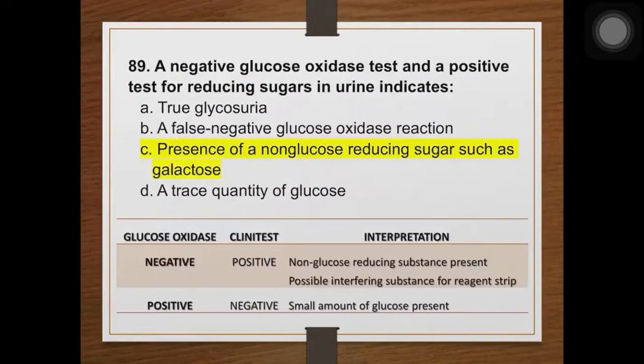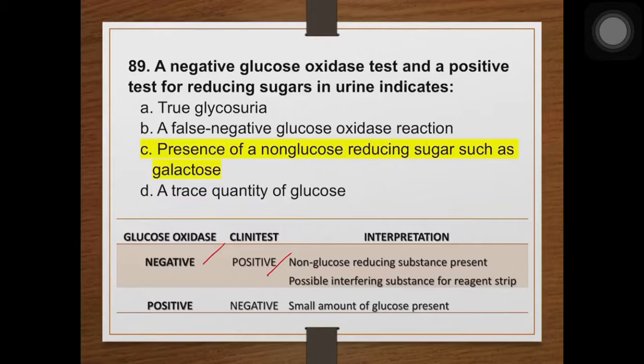Next, number 89, a negative glucose oxidase test and a positive test for reducing sugar in a urine indicate. Ang tinutukoy po dito, negative ang reagent strip, pero positive ang Clinitest. Ang reagent strip po natin dahil enzymatic, specific po for glucose.